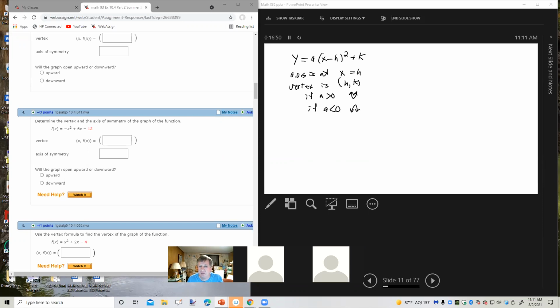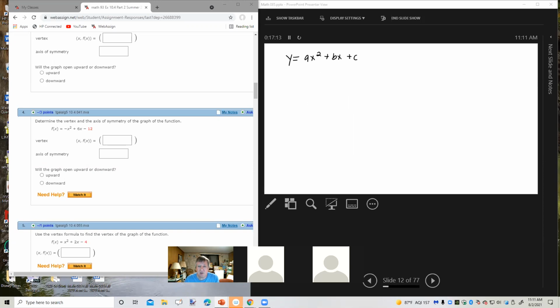Okay, now we're going to look at equations in another form. y equals ax squared plus bx plus c. This is the form that we typically put things into when we were using the quadratic formula, except that where the y is, there would be a 0.